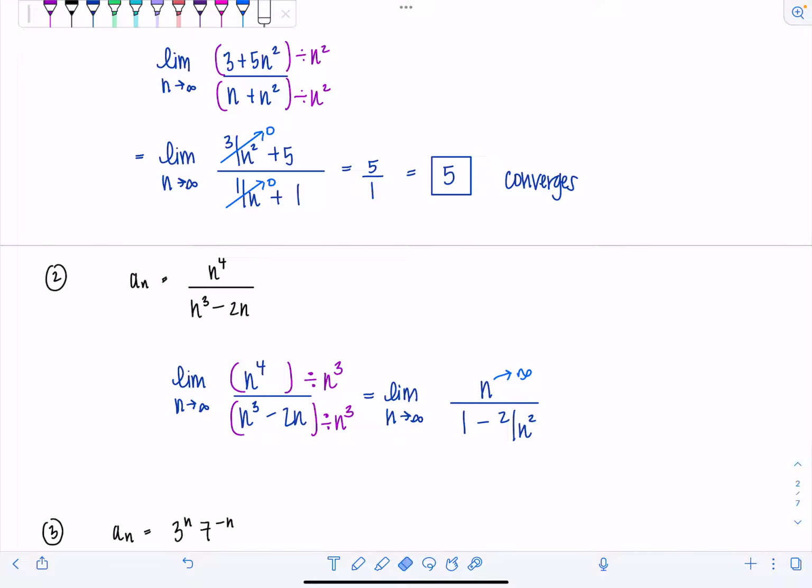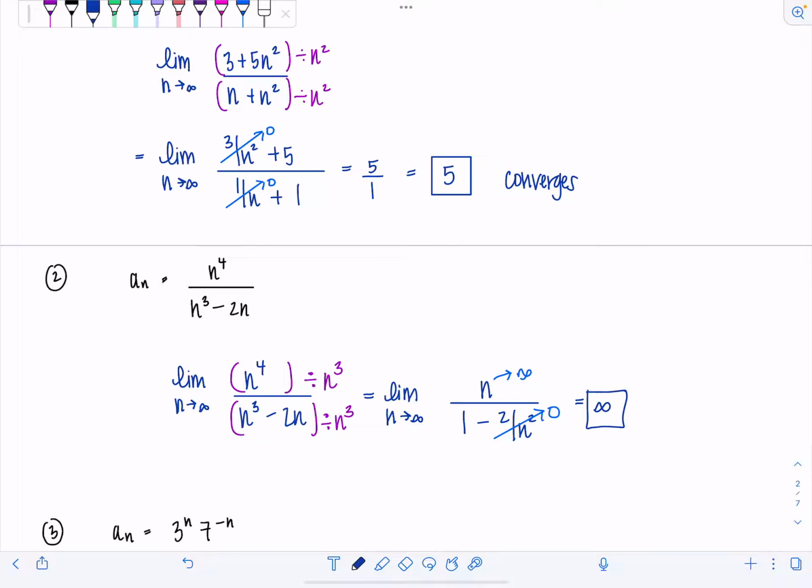In the denominator, 1 is just a constant, minus 2 over n squared, that's going to go to 0. So now I have numerator approaching infinity, denominator approaching 1, a positive constant. So this limit's going to be positive infinity.